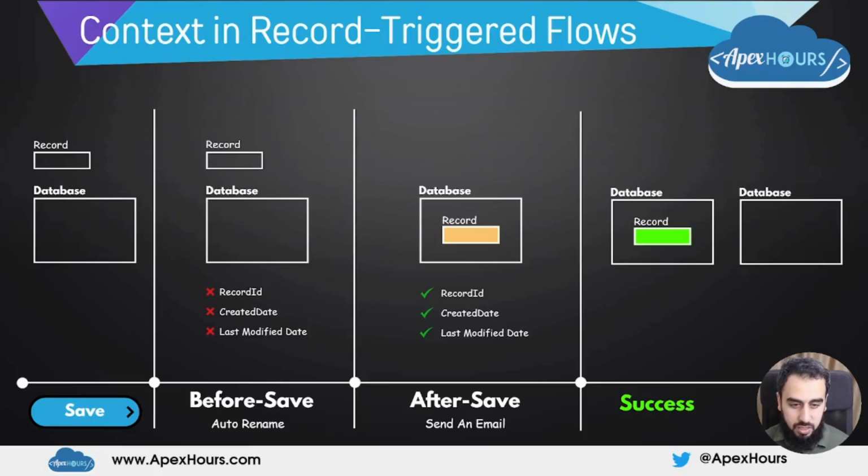The performance is better because fast field updates are fast and after save flows are not as fast. And we're talking milliseconds, but as the org scales and grows in volume of records, this is very helpful in terms of performance. So the rule of thumb is before save flows. If it doesn't let you do what you're trying to do, then you change to an after save flow.